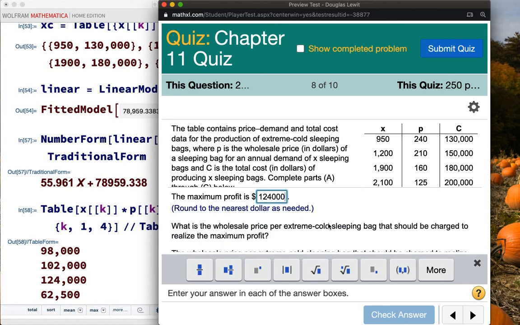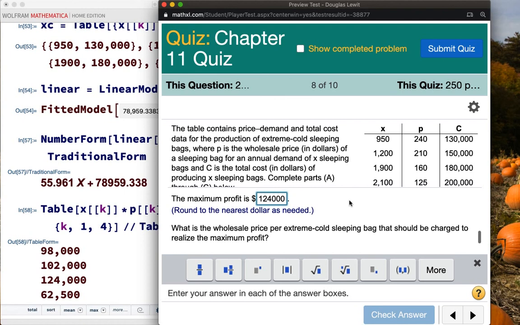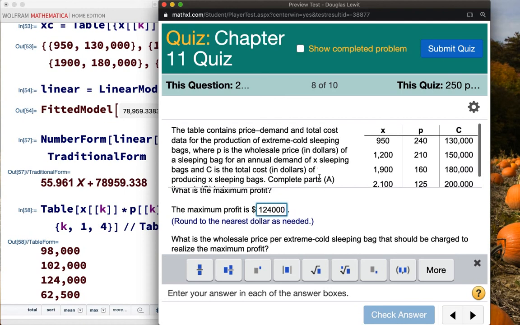Now let me check one thing, hold on, the wholesale price. Excuse me. The table contains price, demand, and total cost data for the production of extreme cold sleeping bags, where P is the wholesale price in dollars of a sleeping bag for an annual demand of X sleeping bags, and C is the total cost in dollars of producing X sleeping bags.